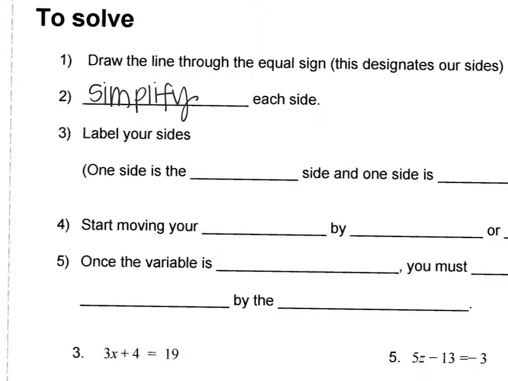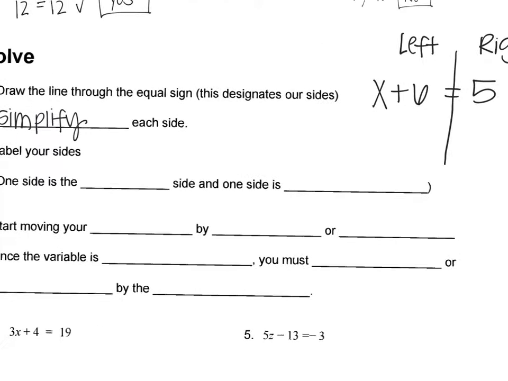And remember, variables are your letters, like your x's, and constants are just your numbers. So if I had an equation, 2x plus 3x equals 5, well, I can simplify this side of the equation. I've got two things with the same last name. I've got an x here and an x here.